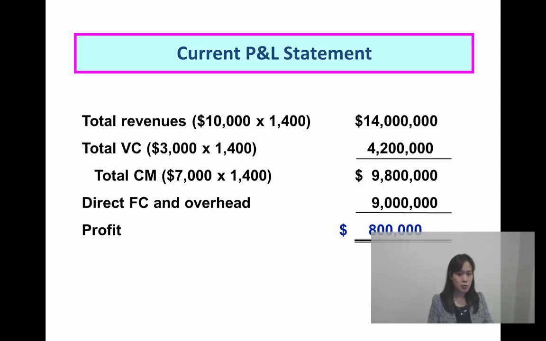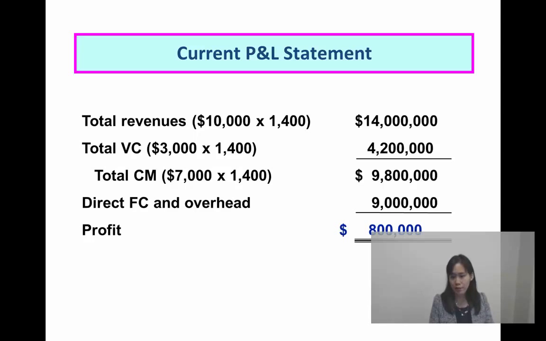You subtract total revenues minus total variable cost, and you get that the total contribution margin is $9.8 million. Remember, contribution margin is something that was discussed in week 2, and the per unit contribution margin is just the price minus the variable cost per unit. The total contribution margin is defined as total revenues minus total variable cost.